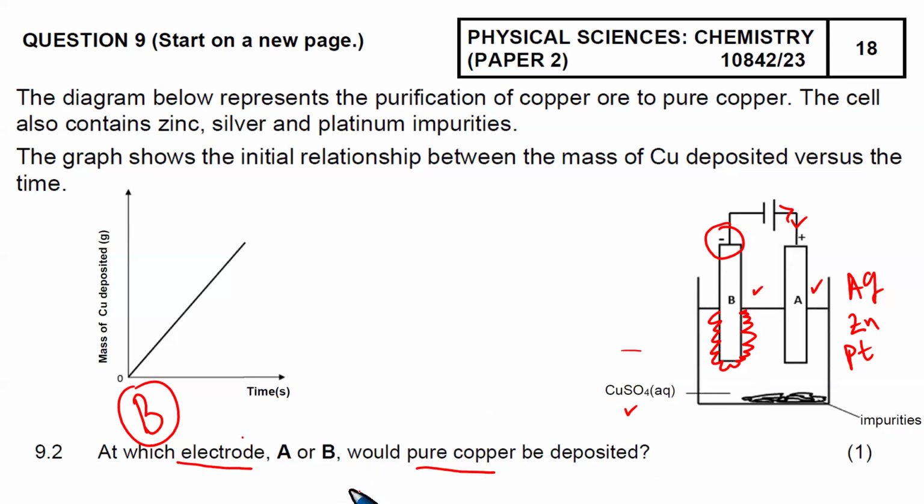So the pure copper is going to be deposited on electrode B there.